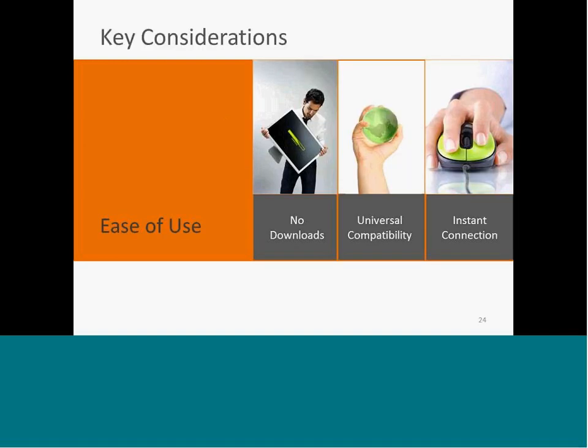So, some key considerations for insurance companies. When you're looking for a co-browse application, you want to look for a tool that requires no downloads. Again, the only thing they have to do is click a launch point. You want the tool to be universally compatible. No matter what computer, what browser that customer is using, you want them to be able to share their screen with your agent.